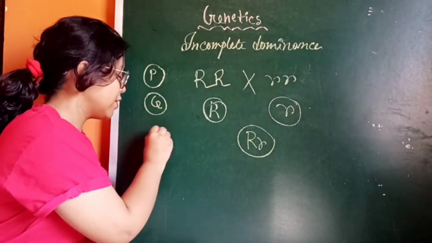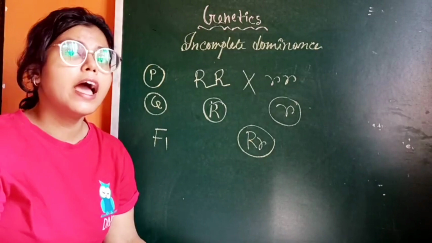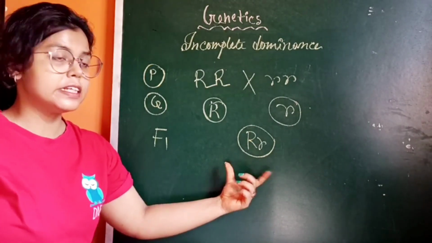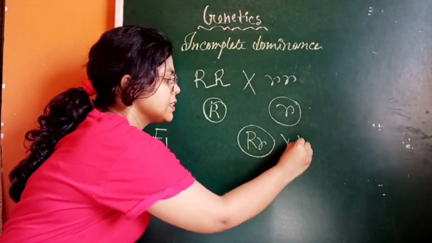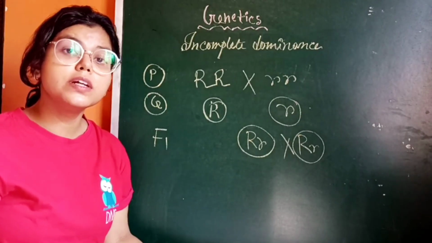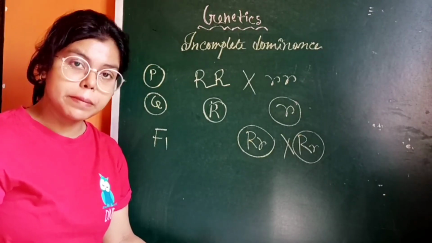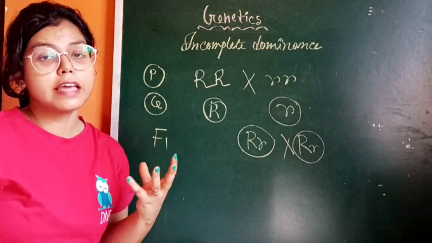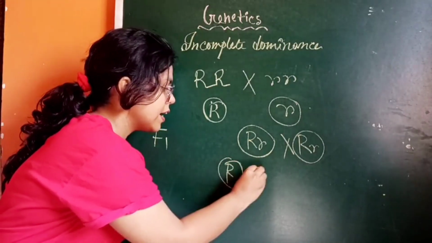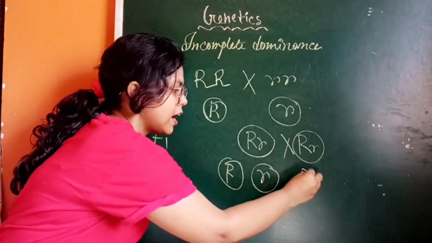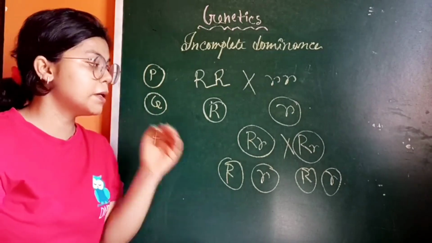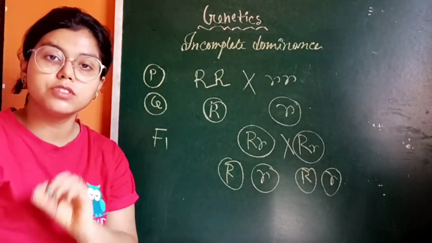This is the F1 generation, and he did self pollination between capital R small r and capital R small r, and he got two different gametes having two different alleles, capital R and small r, and then crossed them and got the F2 generation.